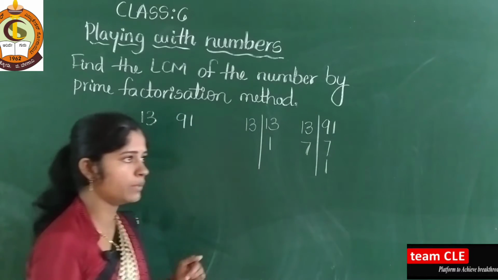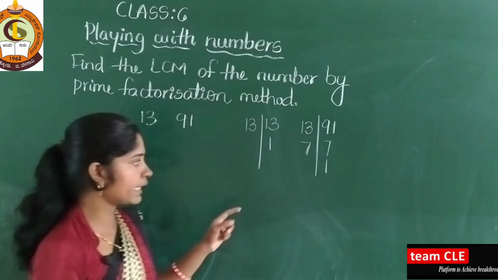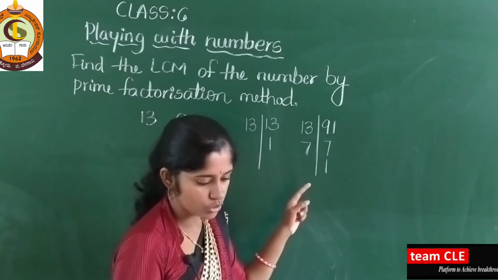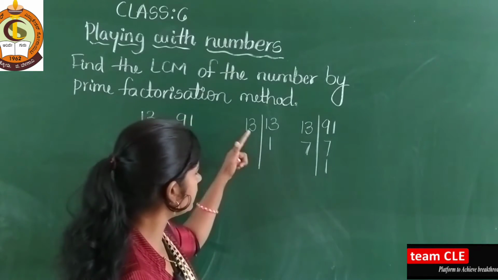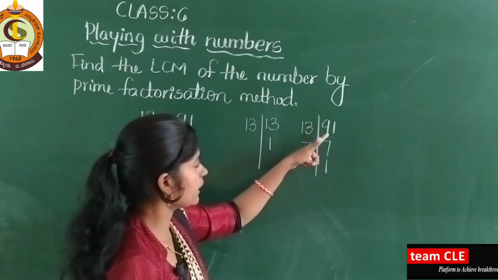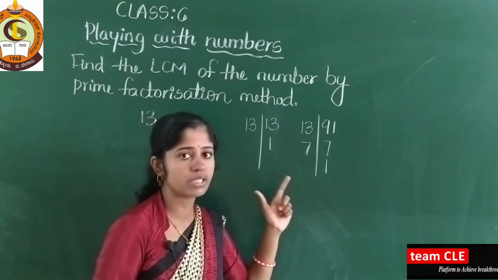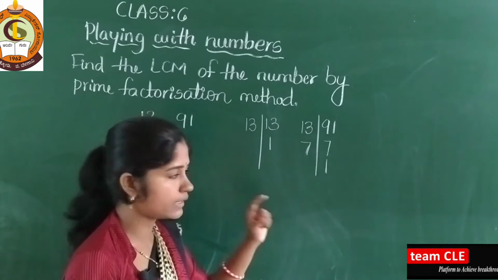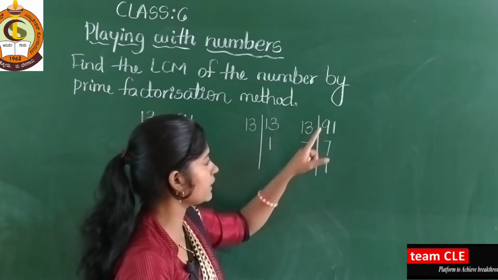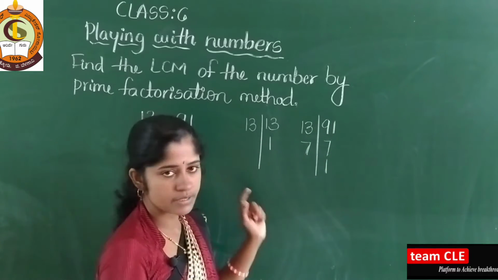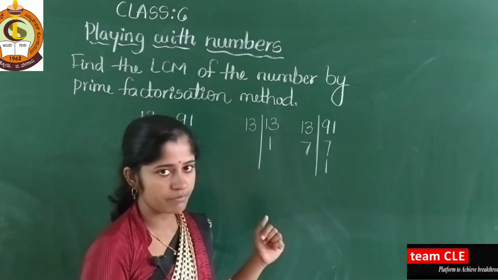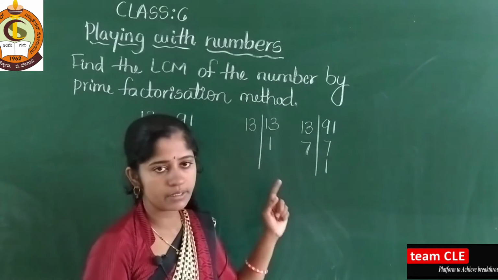You divide the number until you get 1, so you divide continuously. So these are the prime factors of 13 and 91.